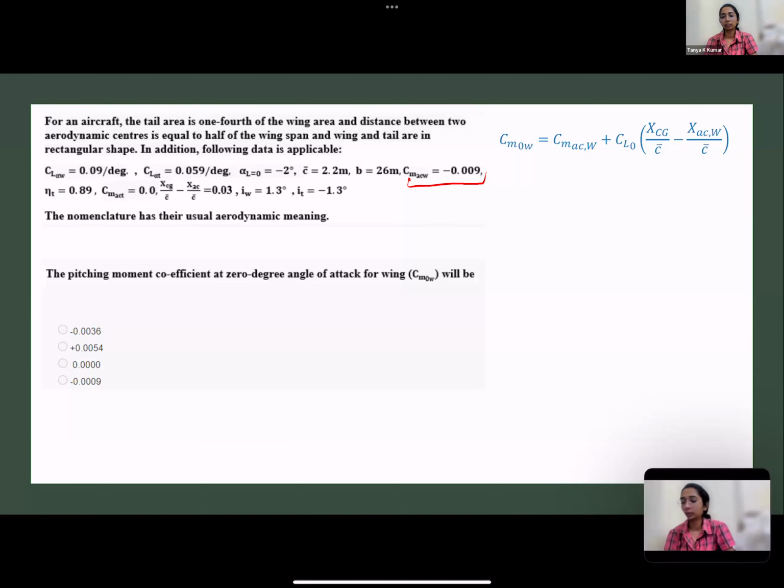In this equation, are all parameters known? CMAC of the wing, I have told you, it's given directly here. CL naught, do you know CL naught? Okay, continue. Just let me know if you're done solving.